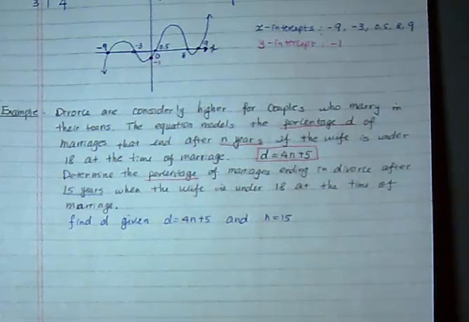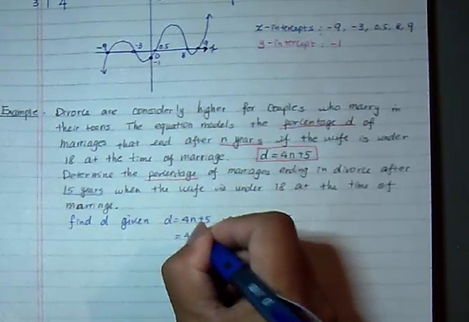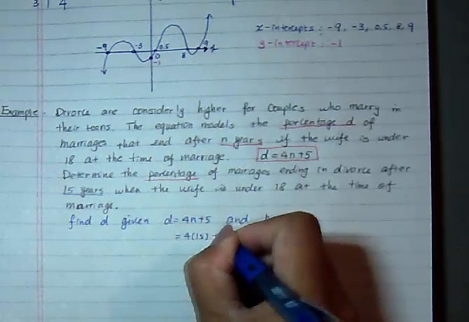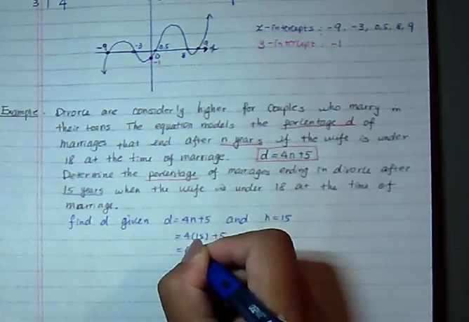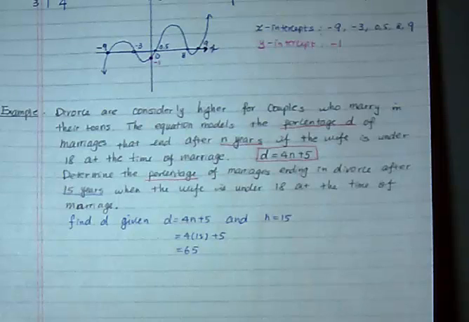Alright, so in this case, I'm going to just substitute n into the equation, so definitely I can find what D is. Substituting in the equation, 4 times 15 plus 5, so that is equal to 65. Remember, D is a percent, right? So what that means is the percentage of marriages ending in divorce after 15 years.